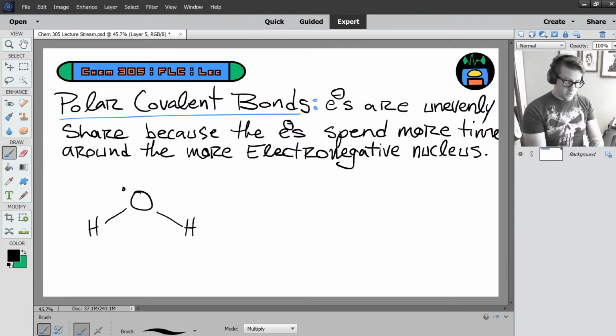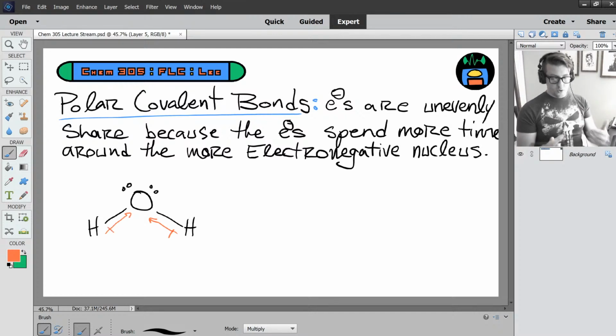Now, let's consider a molecule of water. We know that oxygen is more electronegative than hydrogen, as we saw, and so as a result, it pulls harder on the electrons in that bond with hydrogen. The electrons are more attracted to oxygen than they are to hydrogen, and so they spend more time around oxygen.